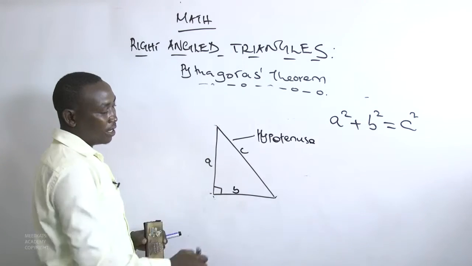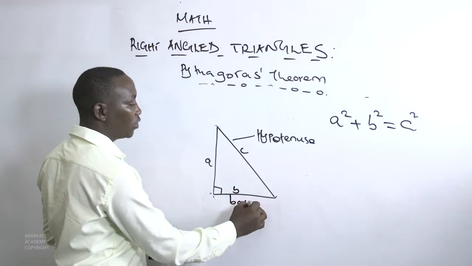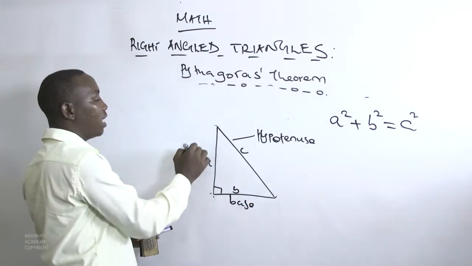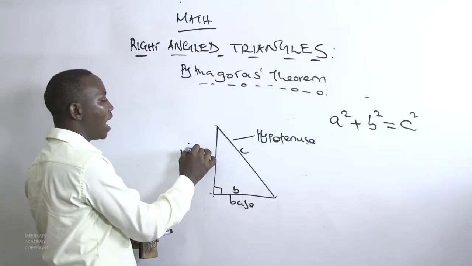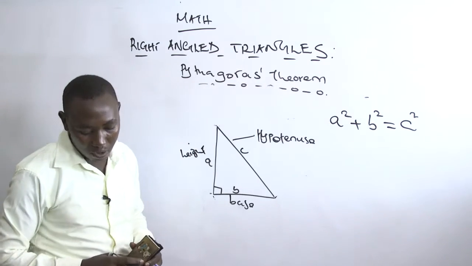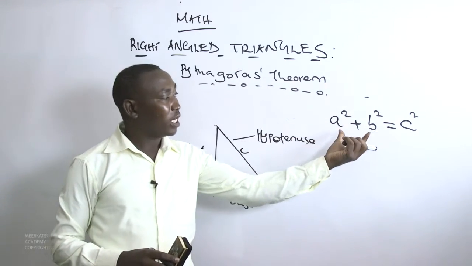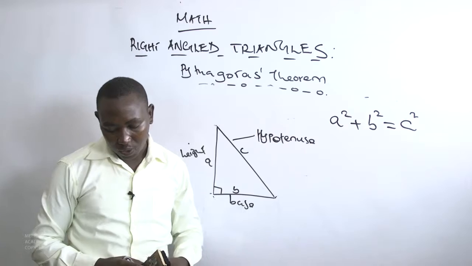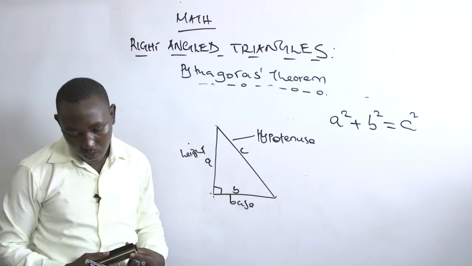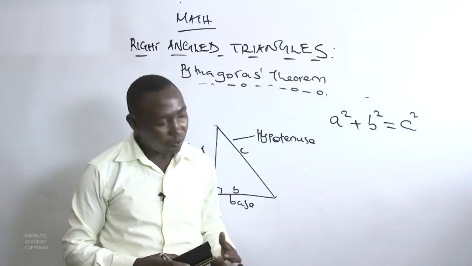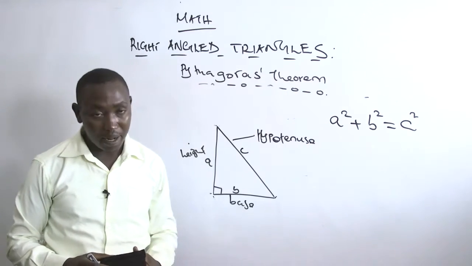We'd say that this is the base, and we can continue referring to it as the base, while this one will remain the height of our triangle. We have said the Pythagoras theorem is that A squared plus B squared will give you C squared.